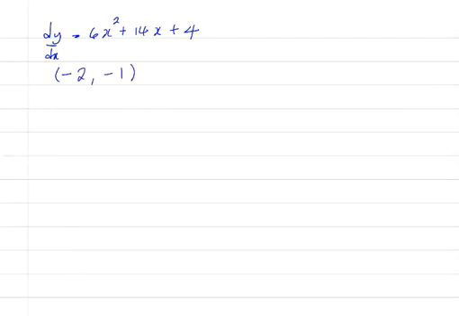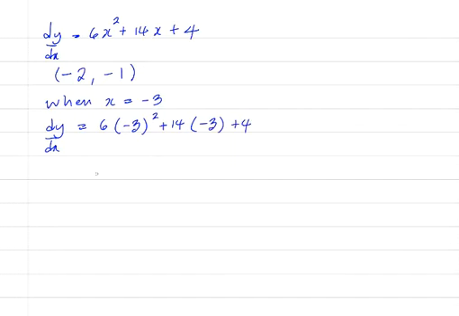Just before minus 2 is minus 3, so I could say when x is equal to minus 3, dy by dx is equal to 6 times minus 3 squared plus 14 times minus 3 plus 4.